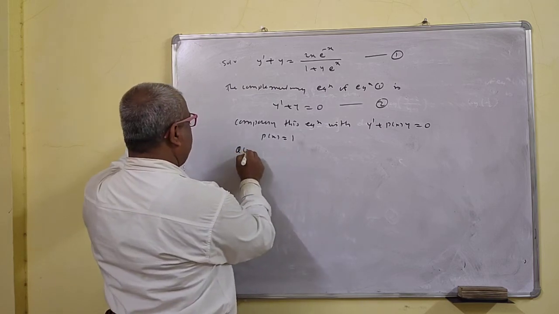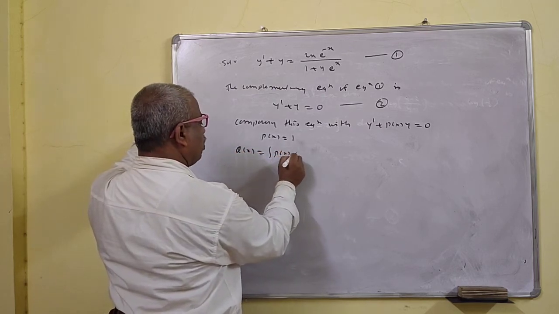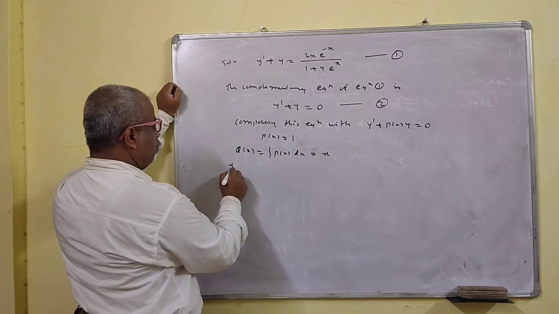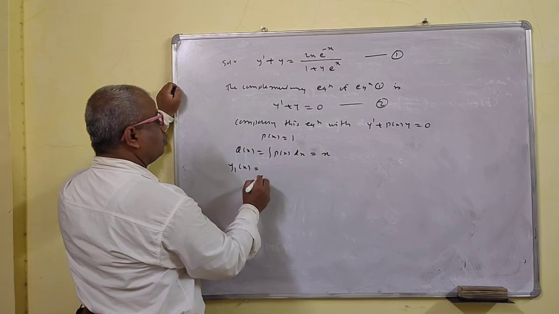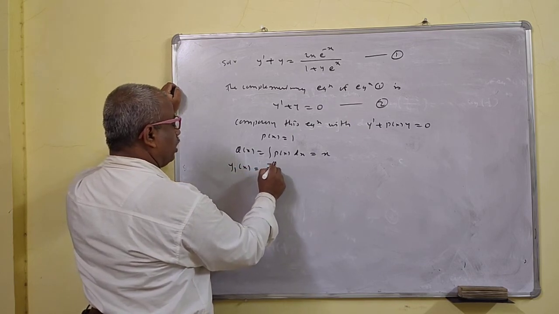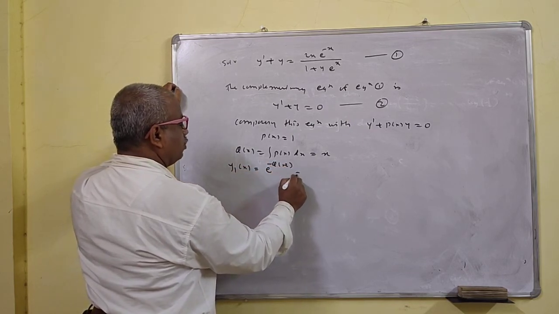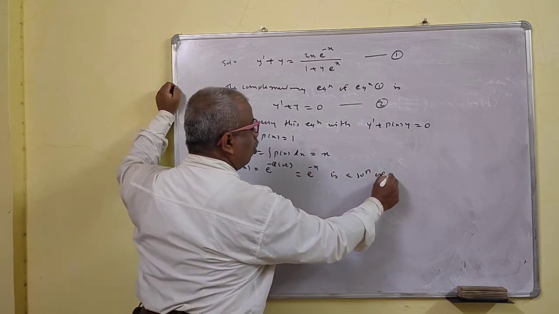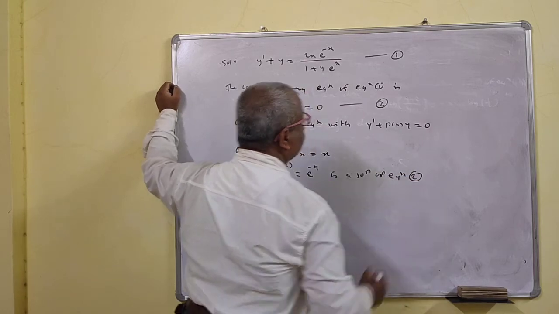So phi of x is equal to the integration of p of x dx, which is x. So y1 of x is equal to e raised to minus phi of x, so e raised to minus x is a solution of equation 2.